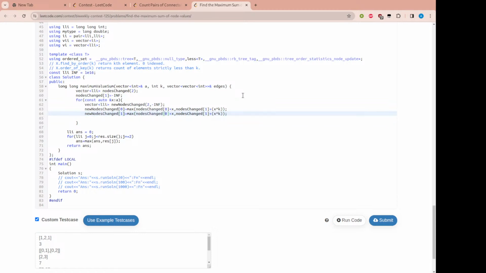And if the final result is even, then either we should have even nodes changed so far, or we should take an even number of nodes so far and change x over here.